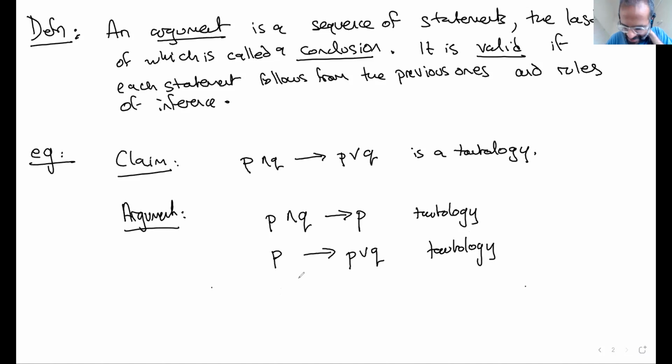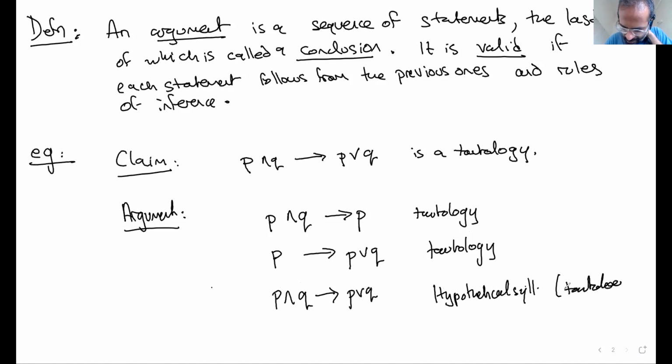And now I can chain these together to get that P and Q implies P or Q. I think this is called hypothetical syllogism, which is just another tautology. So I have three statements, and the structure is that the first two are tautologies, and the third one follows by combining the first two. And let's say this is the conclusion. Okay.